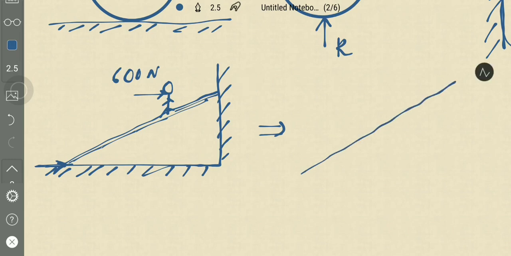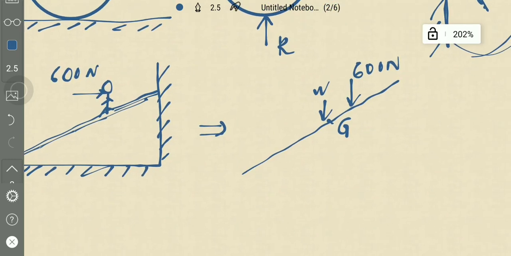This is the body, and the forces acting on this ladder are a man with weight 600 newtons, self weight of the ladder, which acts at this point, the center of gravity of the ladder, and there are reactions, and also a force P is acting to stop the slippage of the ladder.